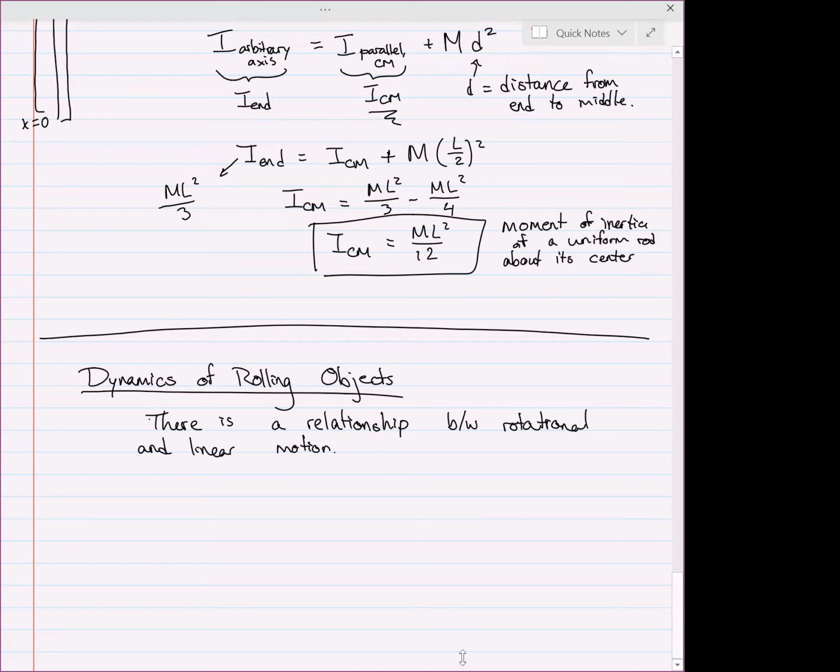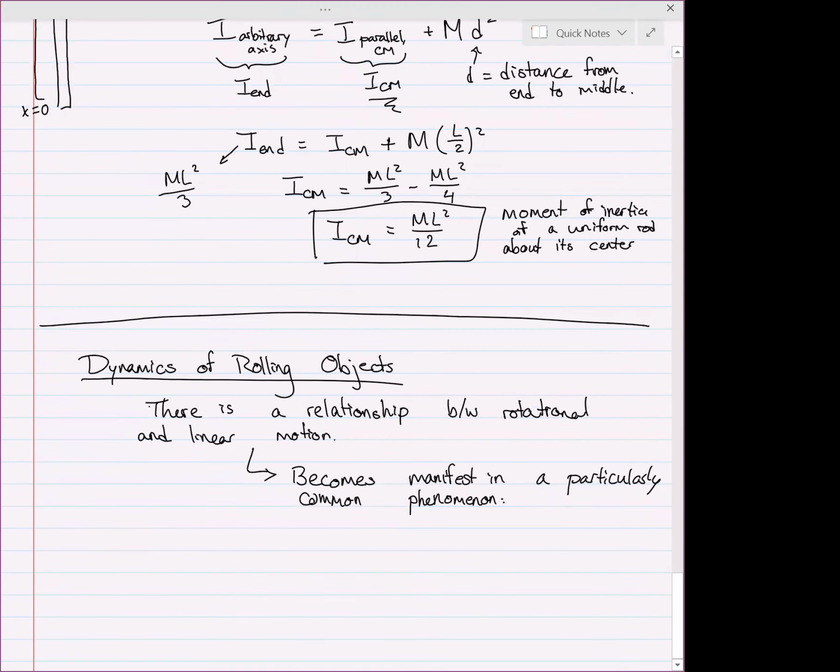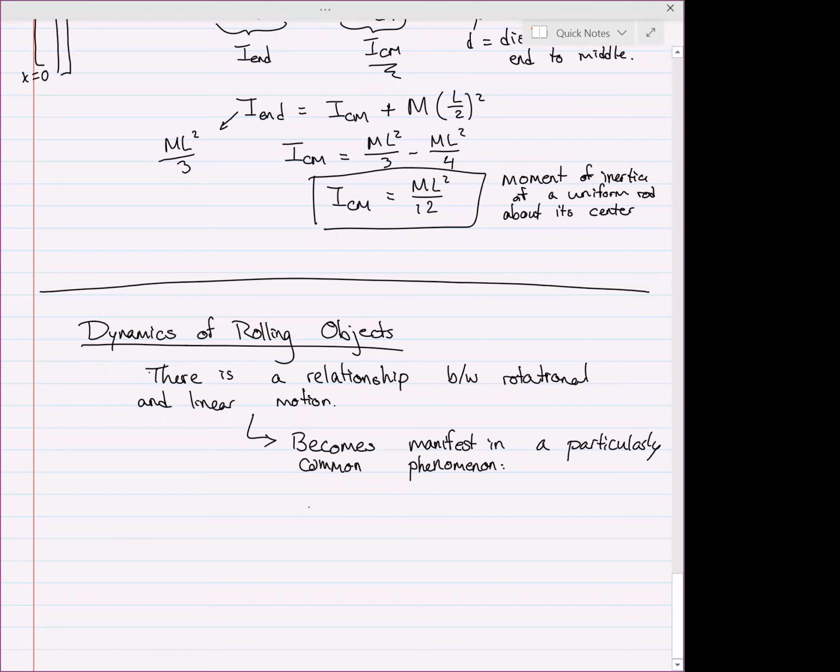And that relationship becomes manifest in a particularly common phenomenon. That phenomenon is rolling without slipping. Underline that because it's kind of a technical term, or at least I will use it as one. And also this is known as perfect rolling.